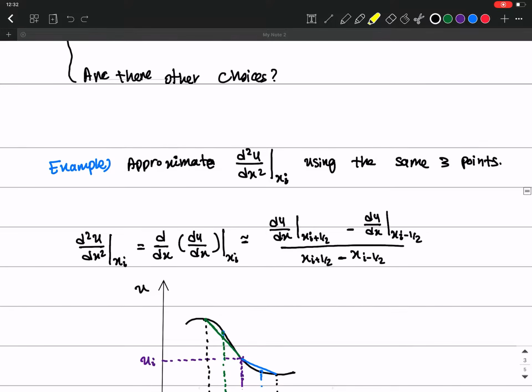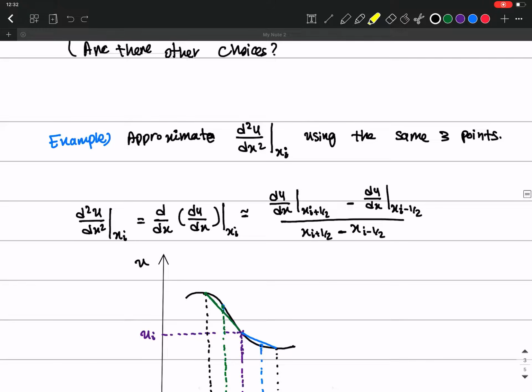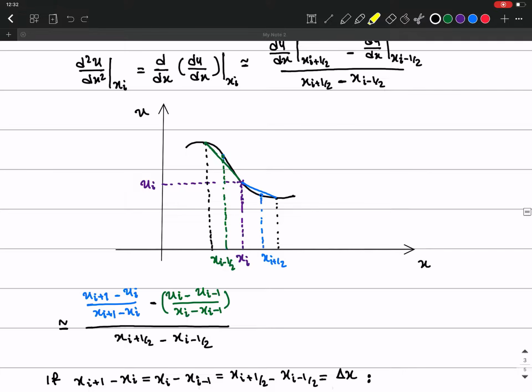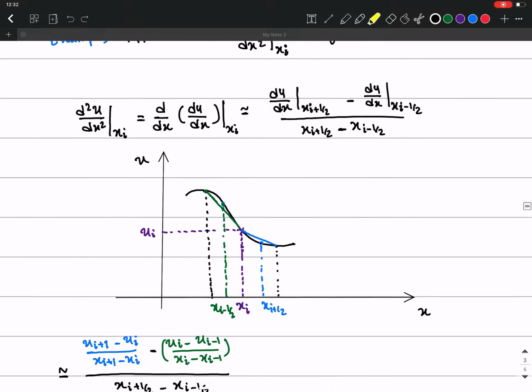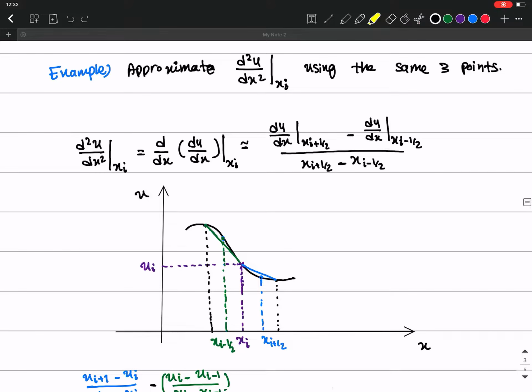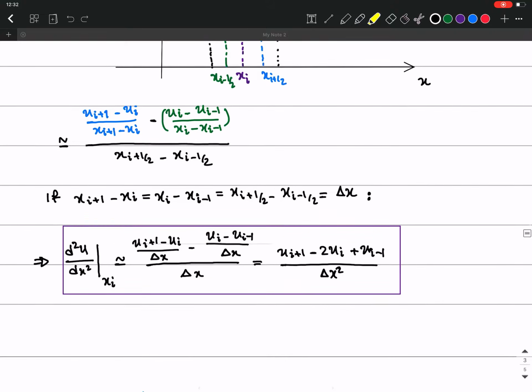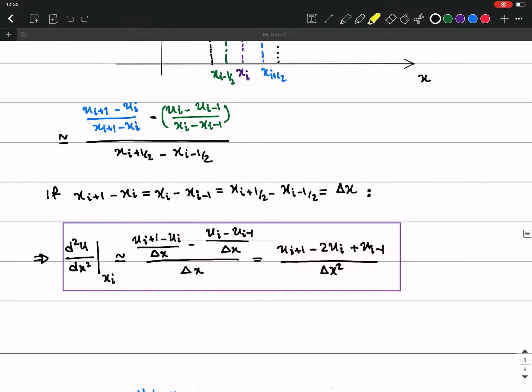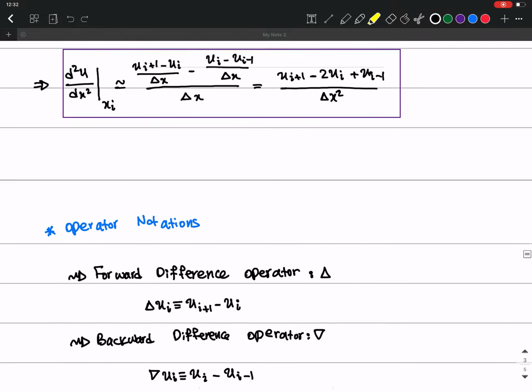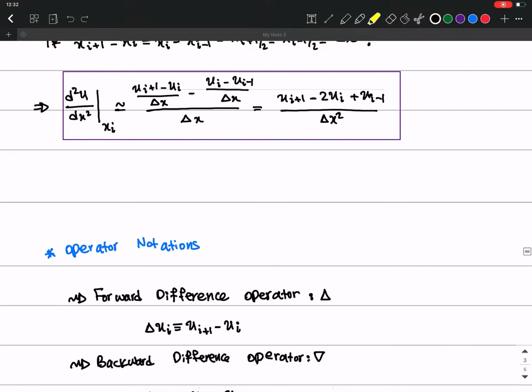Then we did another example, approximating the second derivative of u with respect to x. We did a trick: using the same 3 points, we projected to the first derivatives at points where we could use those same 3 points again. After that, we got an approximation for this problem, which we will learn later is a central difference approximation.